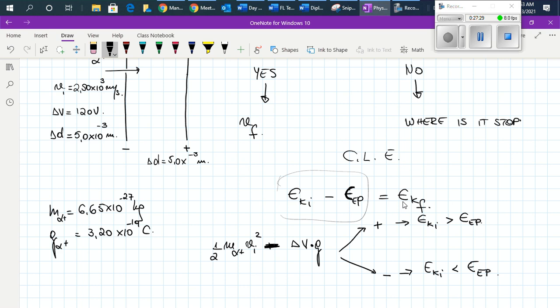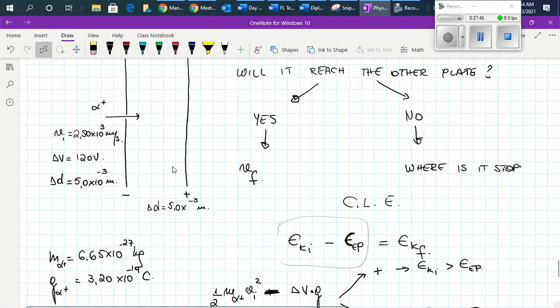That means that the particle will not reach the other plate. It will stop. The path of the particle will be something like this: it will go up to a certain point and then come back to the plate where it started to move.